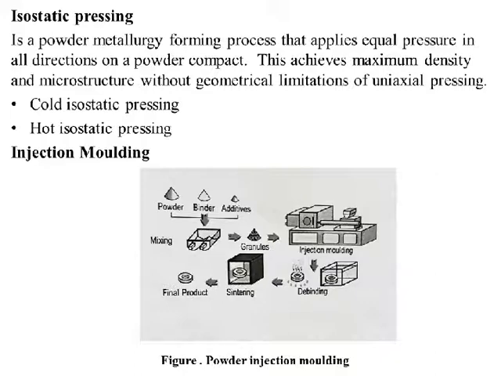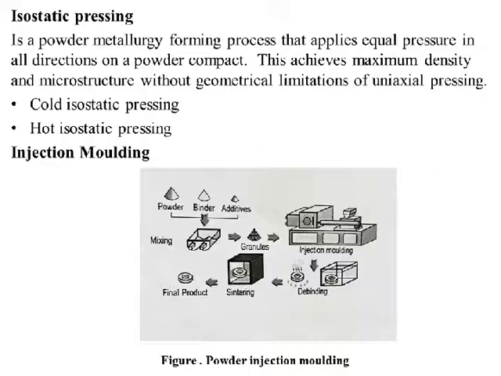This setup consists of a die, and the mixture of the powder is forced into the die cavity. After pressing, the process of injection molding takes place here. The product is taken out, debinding takes place, then it is sent for the sintering process, and then the final product is obtained.